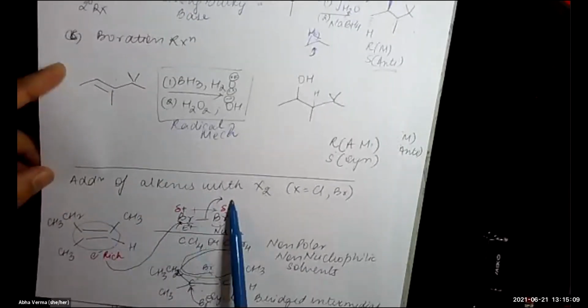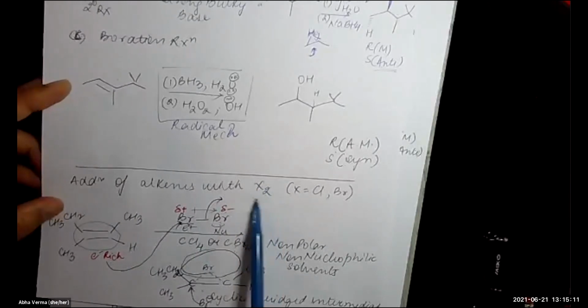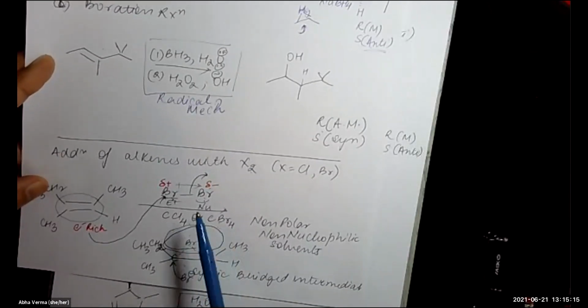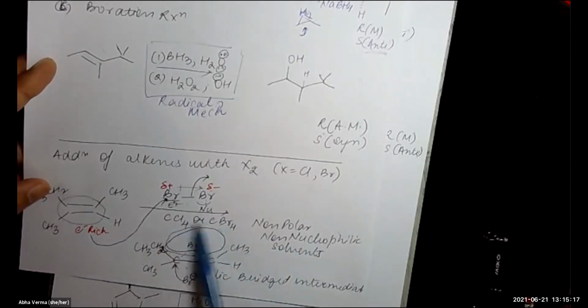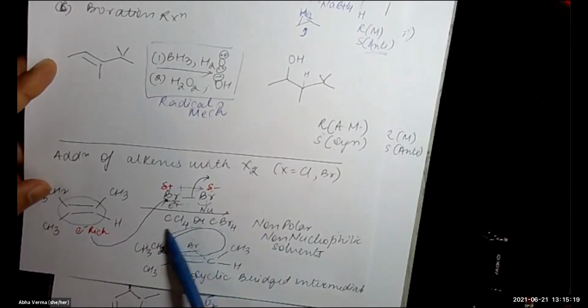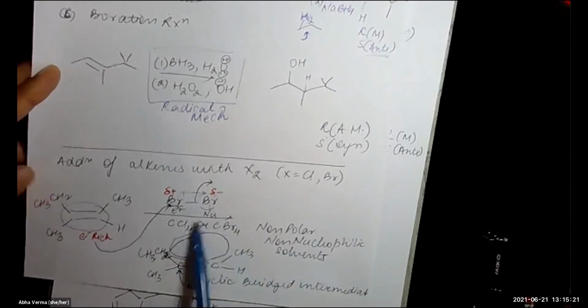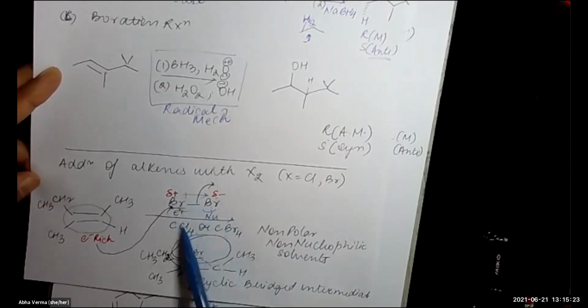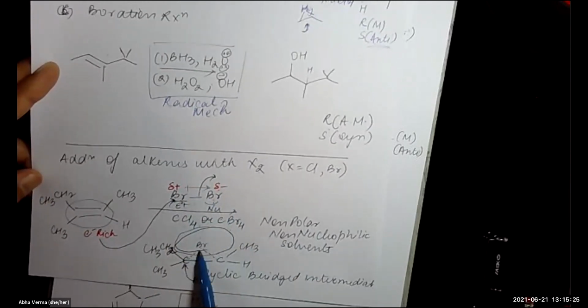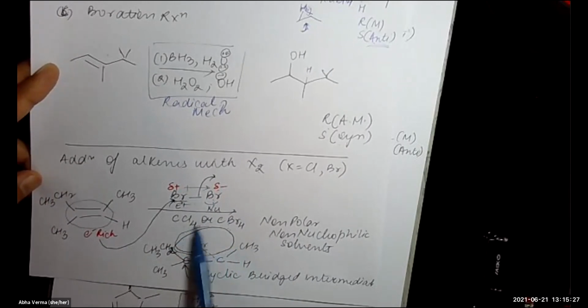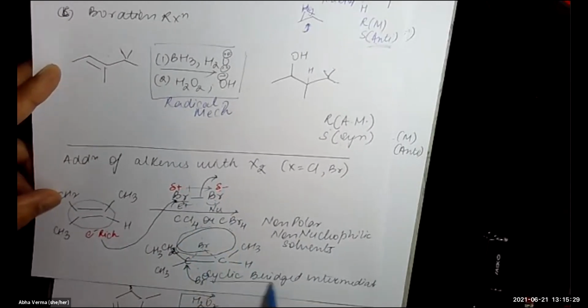When you're doing the addition of alkenes with halogens, you will either use a polar nucleophile or a non-polar solvent or a non-nucleophilic solvent. With the non-nucleophilic solvent, you will also still get that cyclic bridged intermediate, just like you had in mercury.